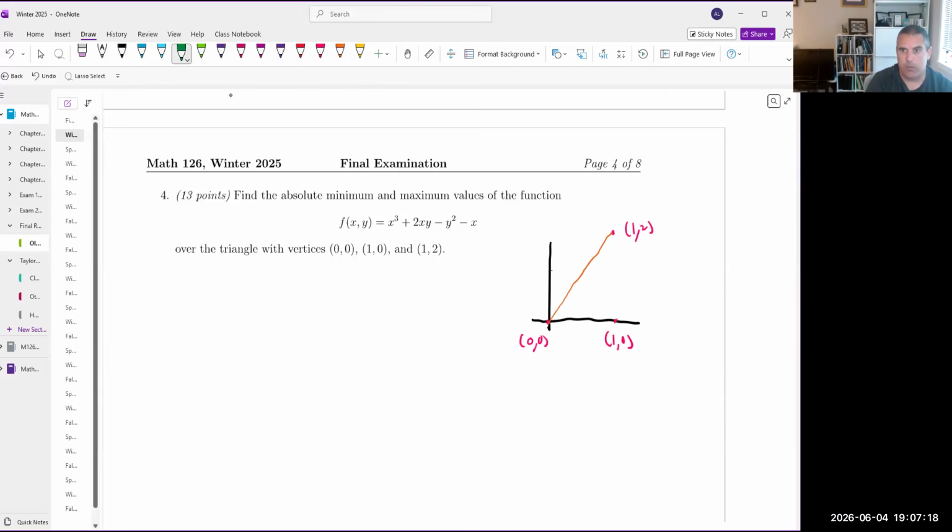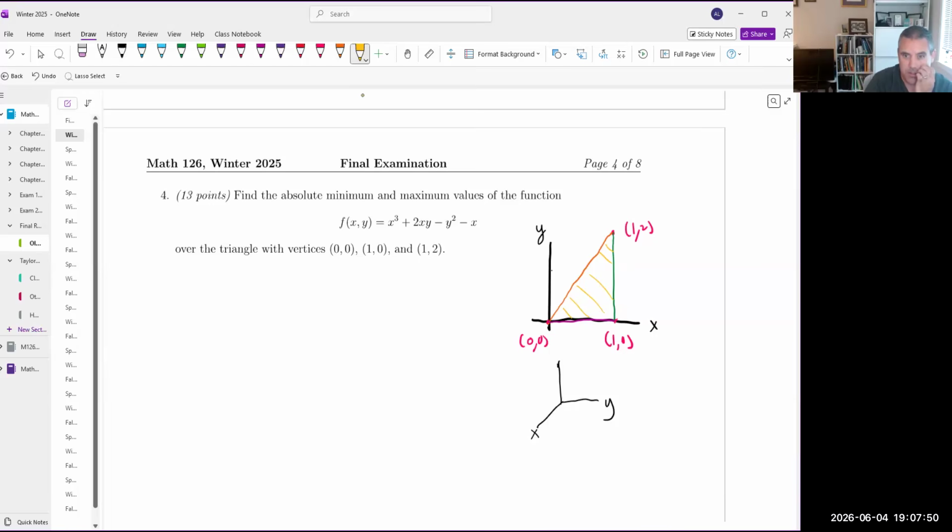And the picture is more for me. I just want to help guide my thinking as I go through this. Okay, so there's our region. Here's x. Here's y. And then I have a surface above it. You do not need to draw this picture I'm about to draw.